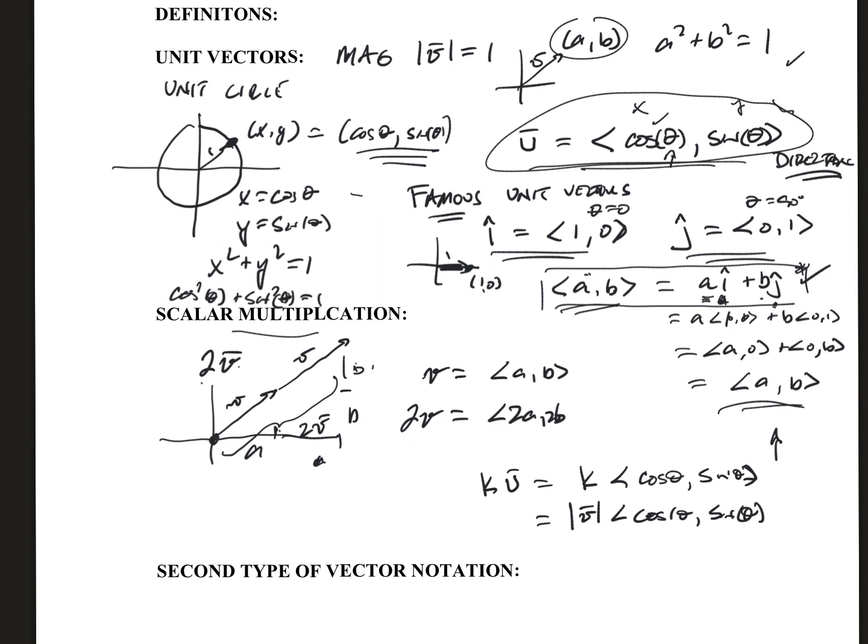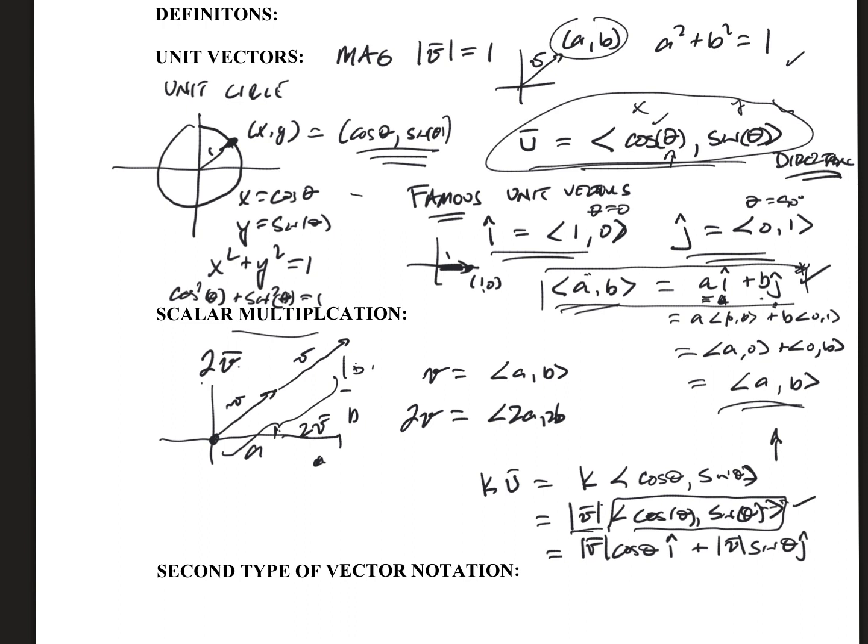Or in this new notation, we have my vector v cosine of theta in the i direction plus my vector v sine of theta in the j direction. And so you can see this ties us back to the last video, where the unit vector gives me the direction that I'm going, and then the magnitude of v tells me how much size or how much I'm going in that particular direction.